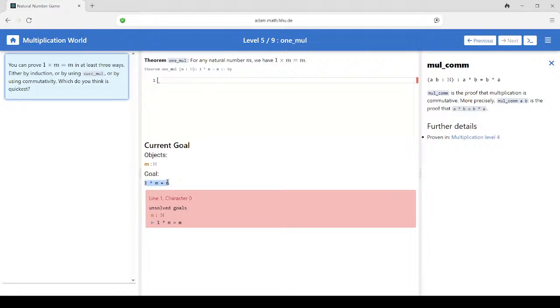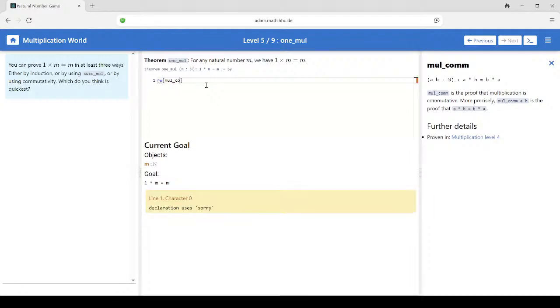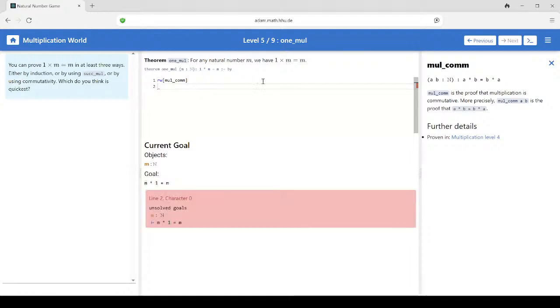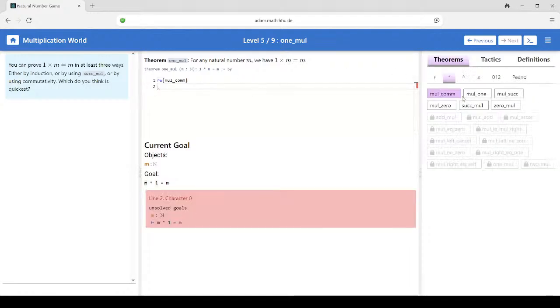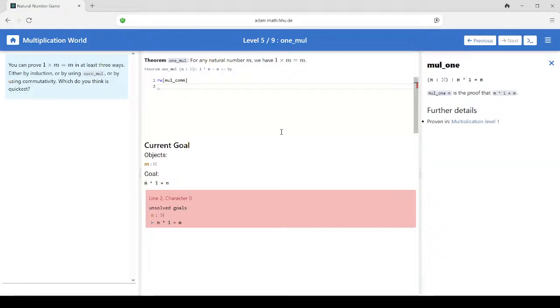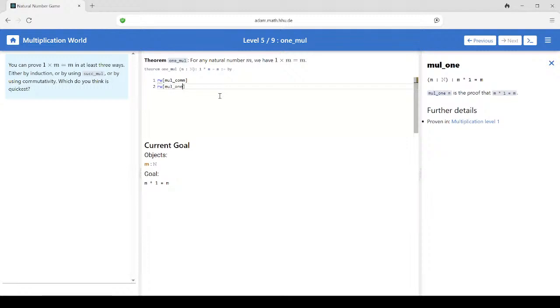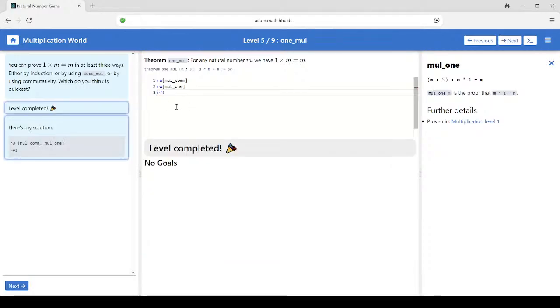Yeah, so I can switch the 1 and the m around using rewrite multiply commutative. And then we already have a proof that anything times 1 is itself. And then we reflect.